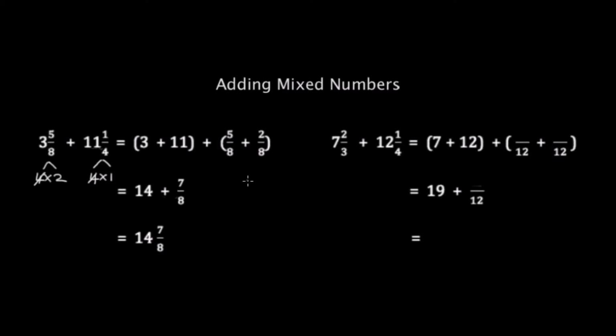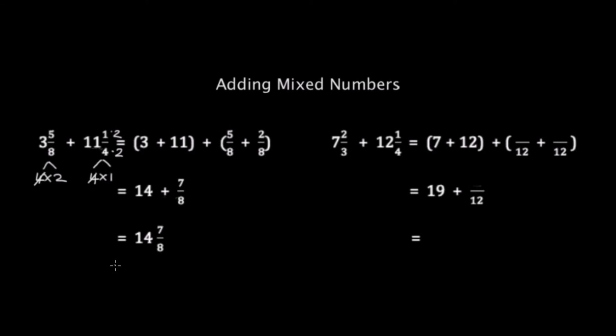We now have to put the 2 with the 1/4, so we have the 2 with the 1 up here, so we just place a 2 there. And we have a 2 beside the 4 on the bottom. We just place a 2 there, so a little dot to say times 2. So adding 3 5/8 plus 11 1/4, we add the 3 plus 11, which is 14.